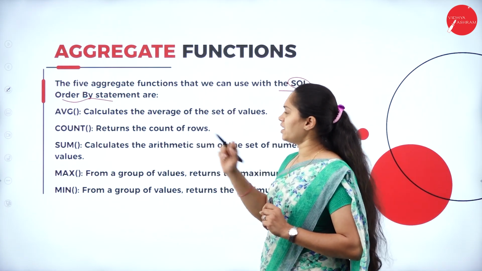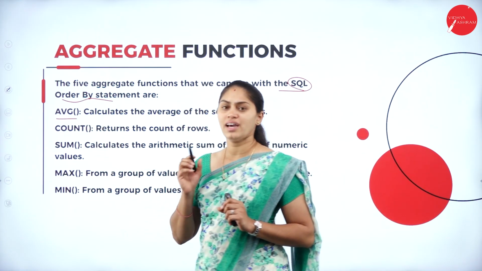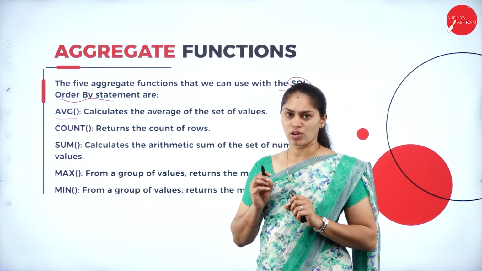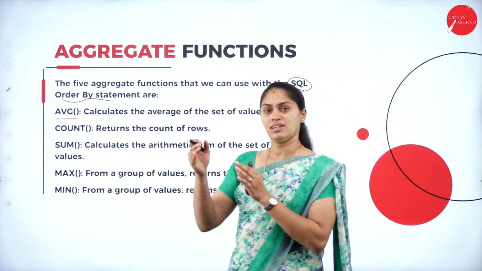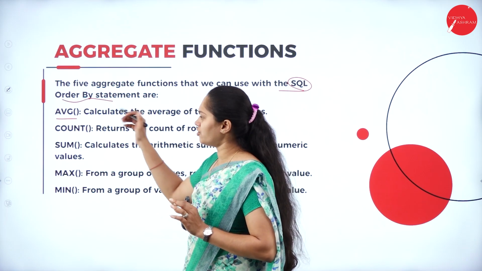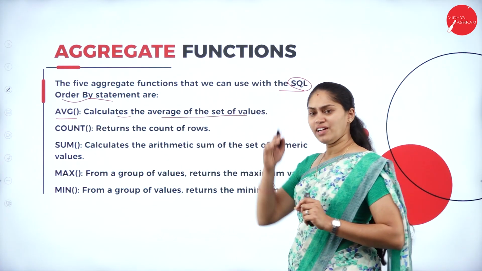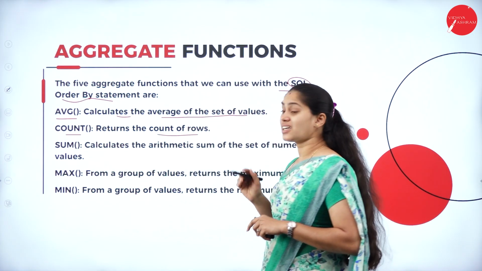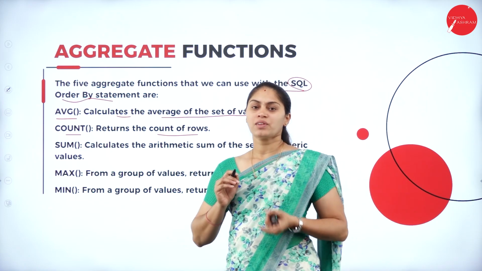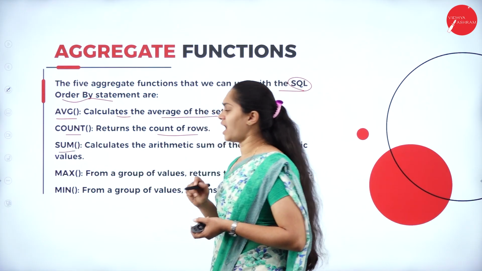Then what are the different aggregate functions we have here? We have average, AVG. The function should be written like this only. Don't write AVERAGE, that is not the function. Average is AVG, which will calculate the average of a set of values. Then what about count? That returns the count of rows. It will fetch the number of rows in a particular column, and then we have sum.